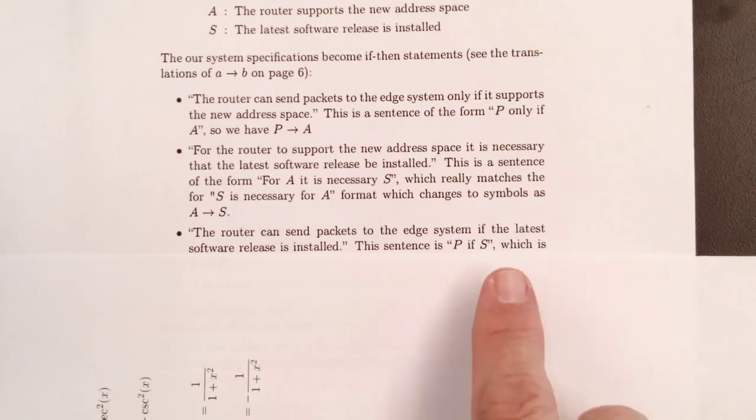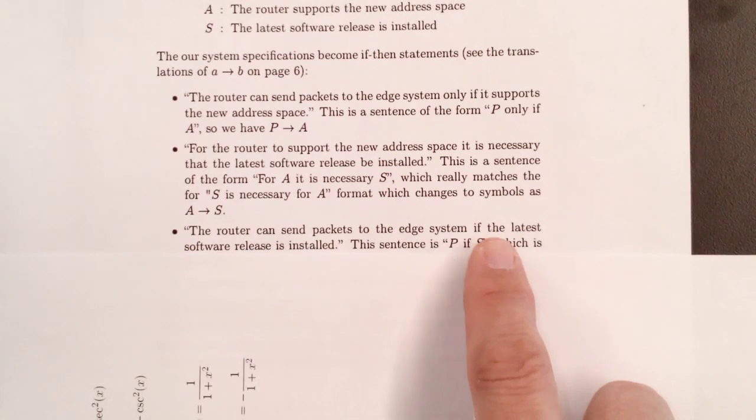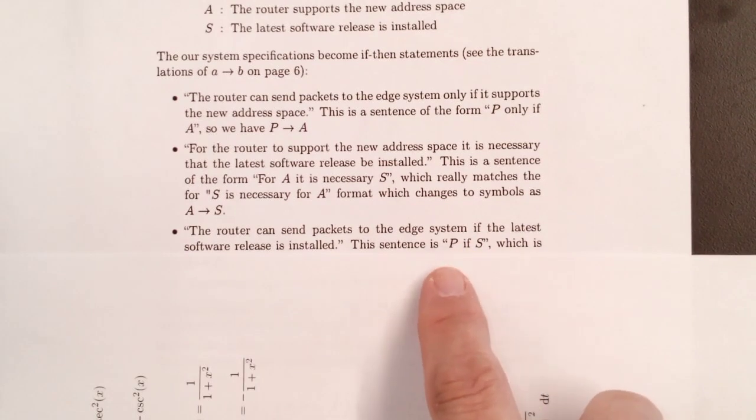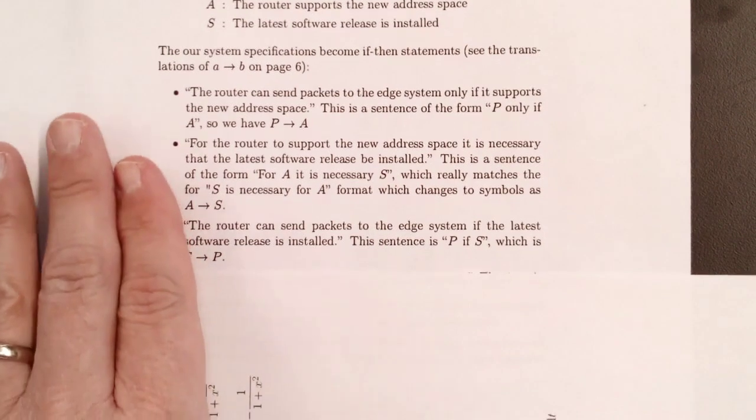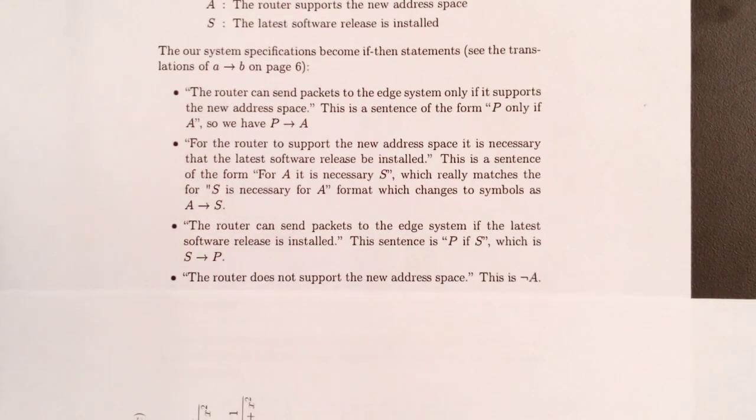That means if S arrow P. Last but by no means least, what was the last sentence up here? You'll notice there's no if-then, that's one and only one variable. That's a negation. Not A.